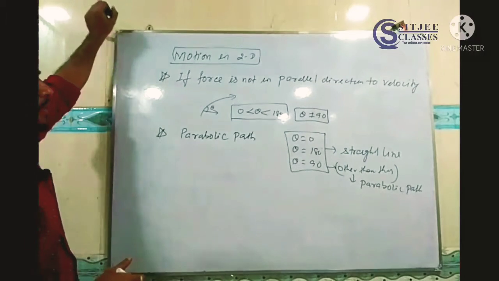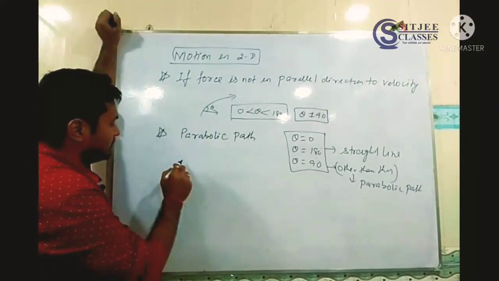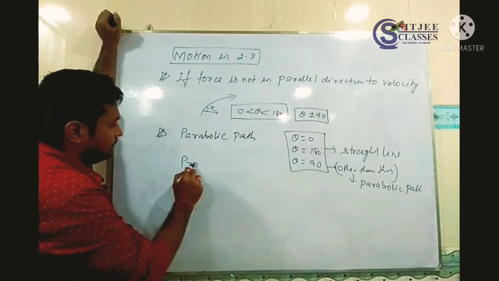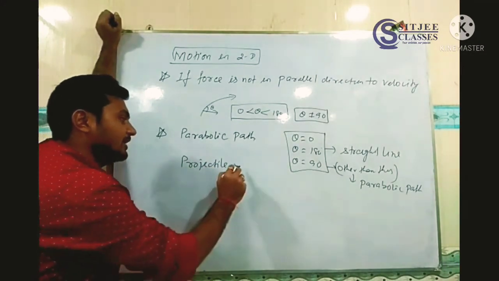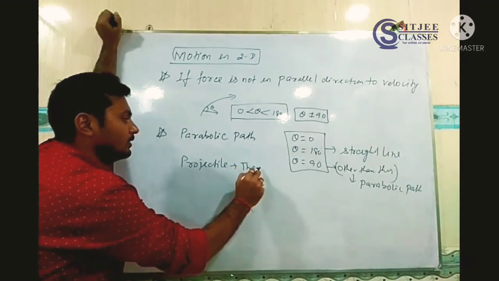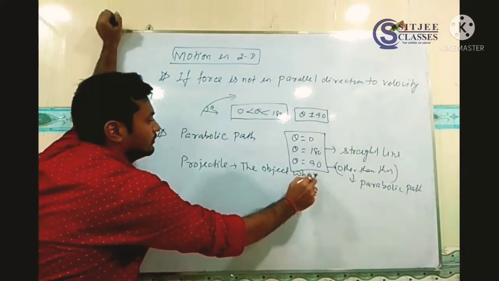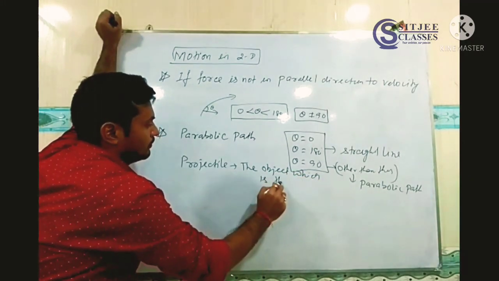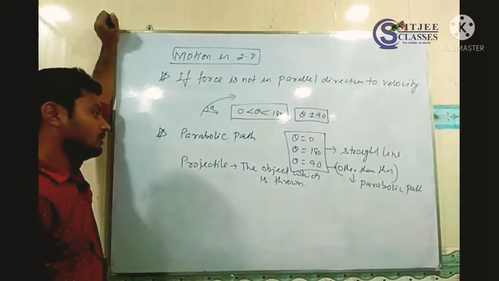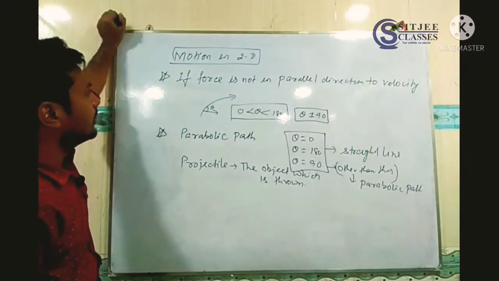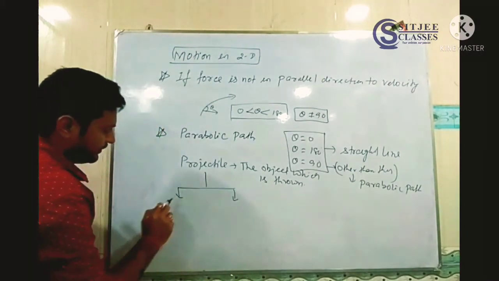Now, if you see the general projectile, basically projectile motion. What is a projectile? Projectile is the object which is thrown. Whichever object you are going to throw, that is called a projectile. Now, there are two types of projectiles. Let us keep this very simple.